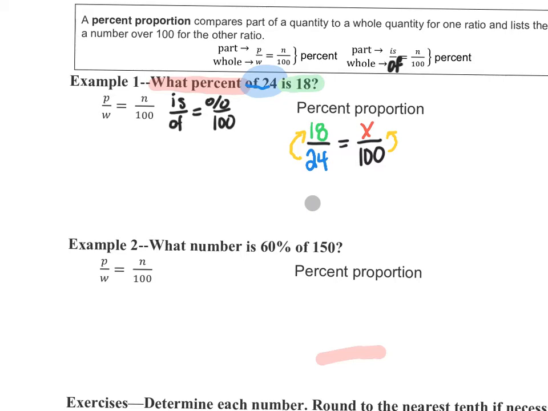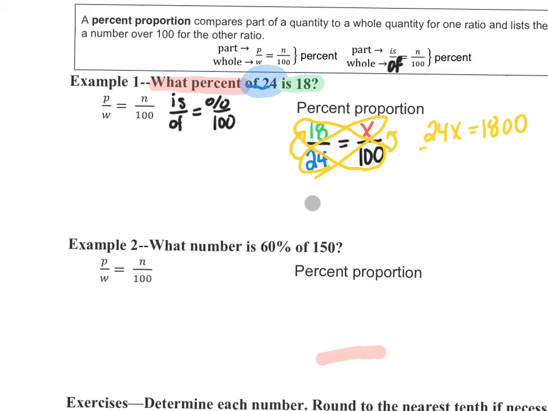So when I solve, I'm going to say 24 times X is 24X, and then 100 times 18 is 1800. Okay, it turned it into a one-step equation.